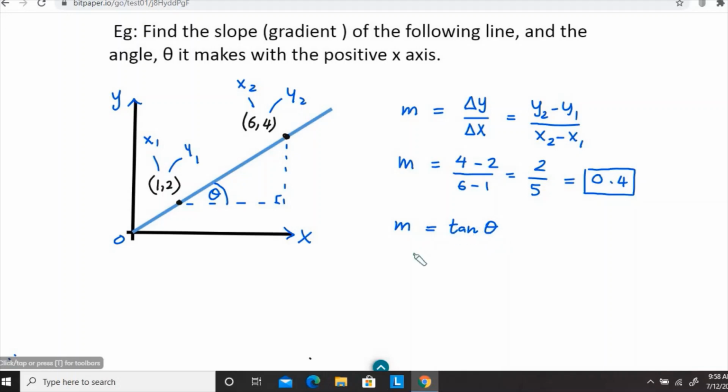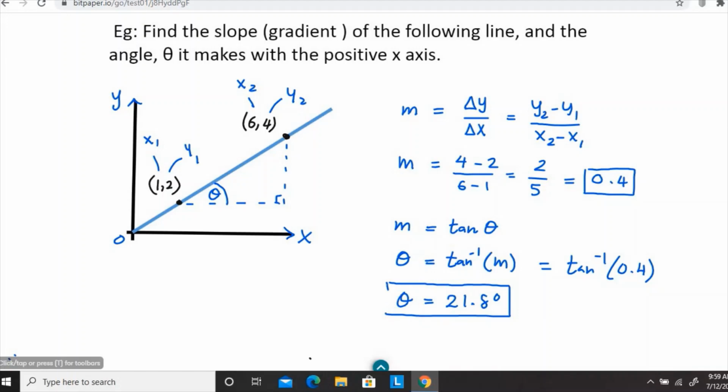So theta equals inverse tangent of m. What is m? We figured that out, 0.4. And then you'll see theta is approximately 21.8 degrees from the positive x-axis. So you can see this angle is less than 90 degrees.